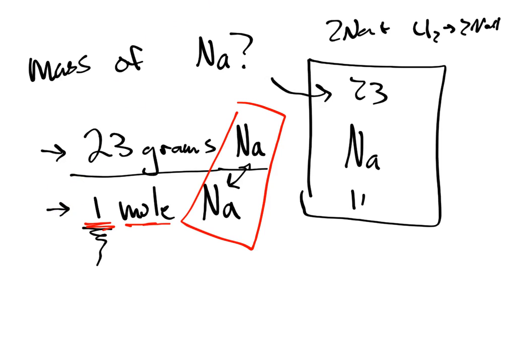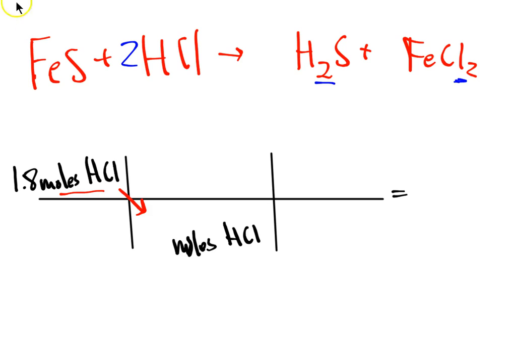But I need you to notice something. Mole is not always per gram. I know that sounds weird. Grams are always tied to moles, but moles are not always tied to grams. Okay? So don't put grams right here because they don't go there. So we're a little bit stuck.